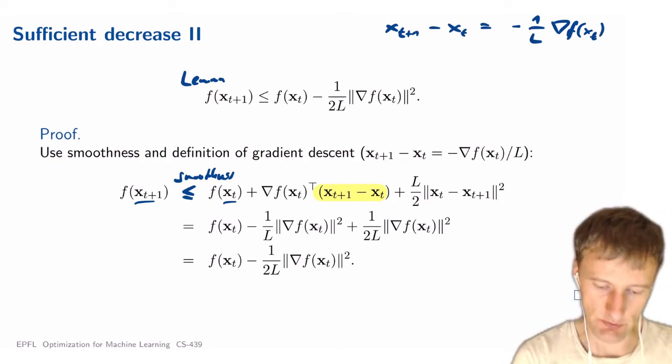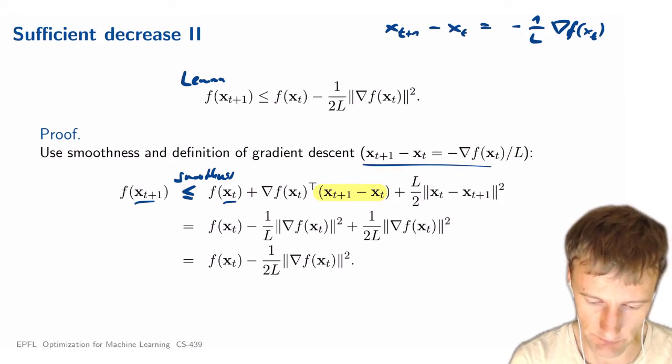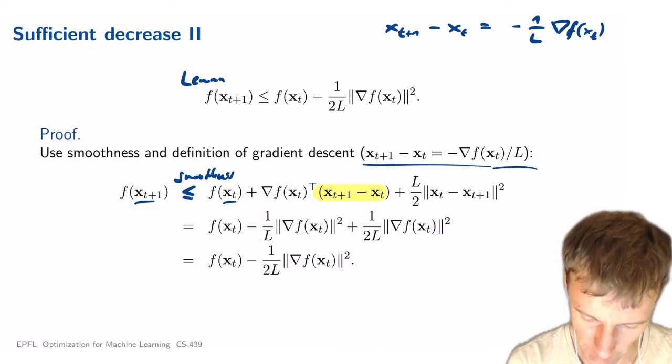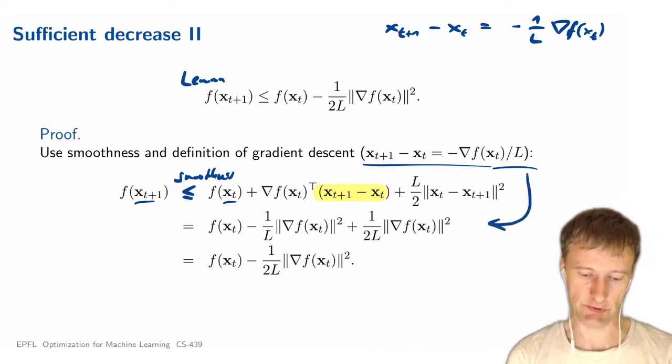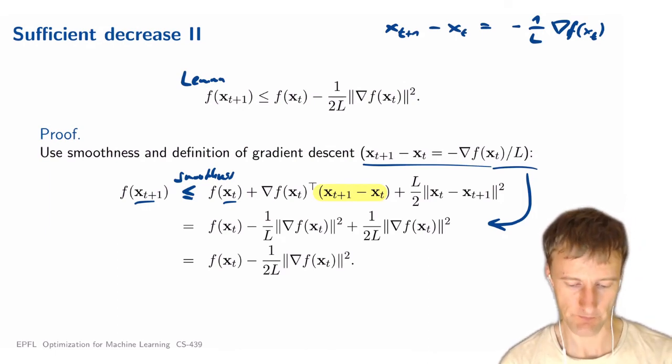So that's the definition of the step, no need to rewrite it. That's what we use in the second equality: I just use the definition of the step, xt plus 1 minus xt is minus the gradient over L.